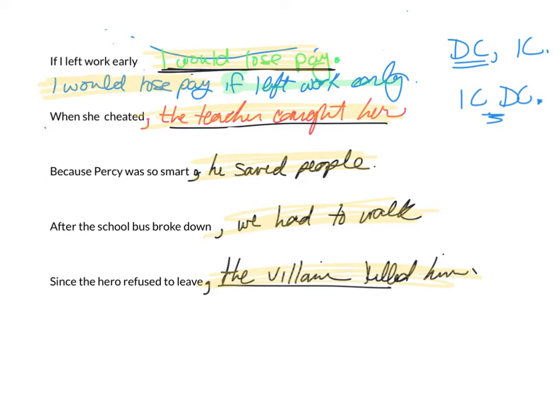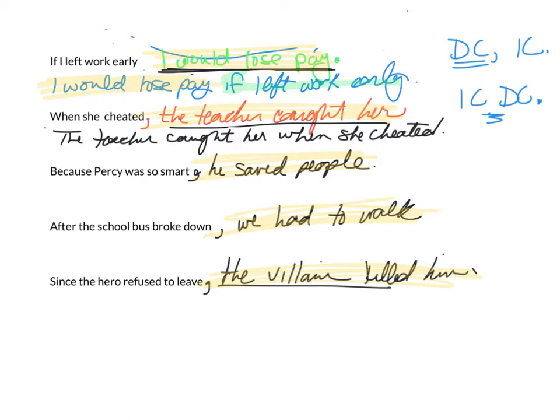So, let's take a look at this one. When she cheated, the teacher caught her. Well, put the main idea up front. The teacher caught her. When she cheated. Now, which of those ideas is subordinate or less important?